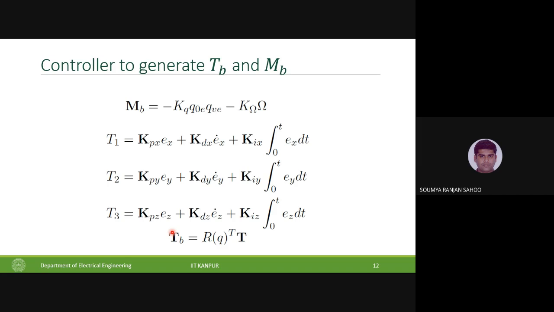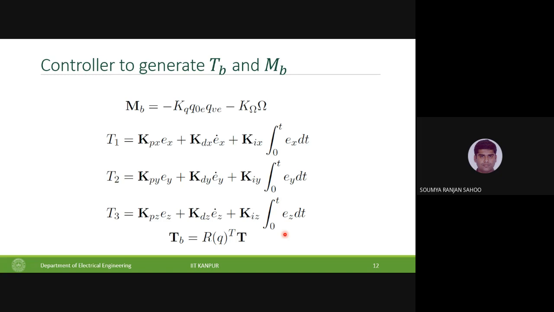Okay. So once you are done with this and you have a controller in place, now you have everything with you. You have something that is generating your command, which is basically the desired translation and desired attitude. You have sensors which are giving you the actual position and the actual attitude, so you can compare them.